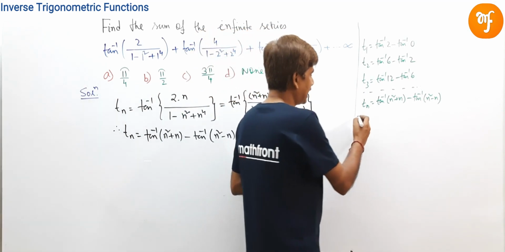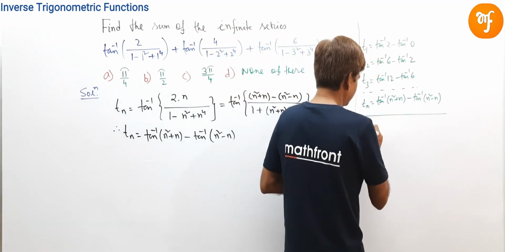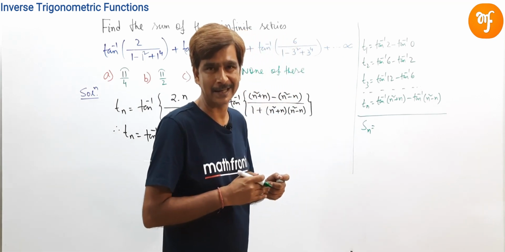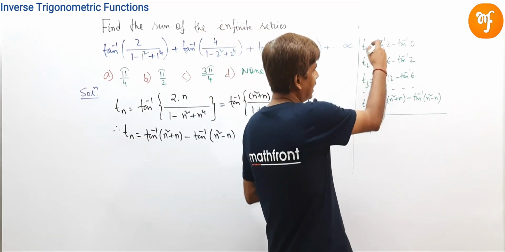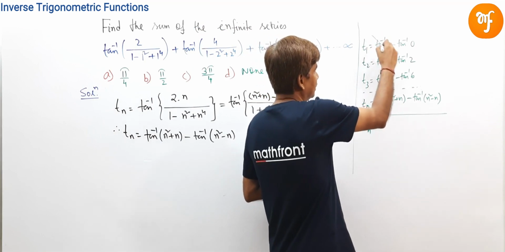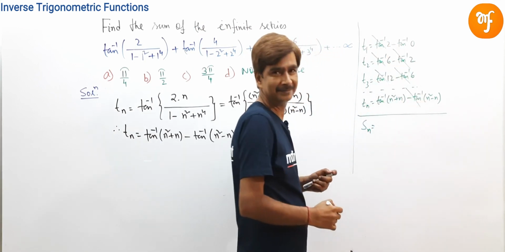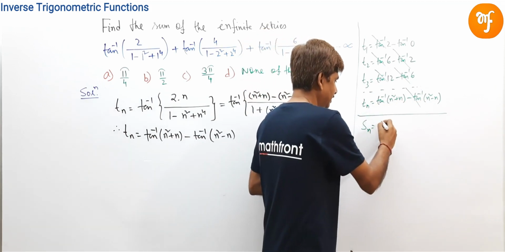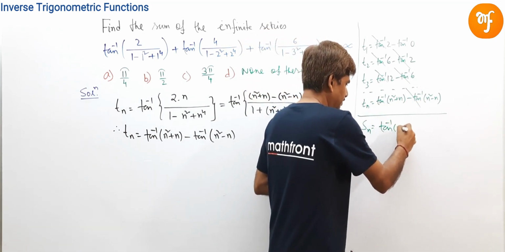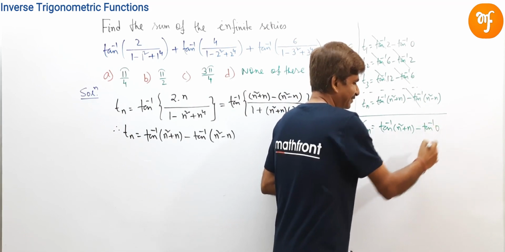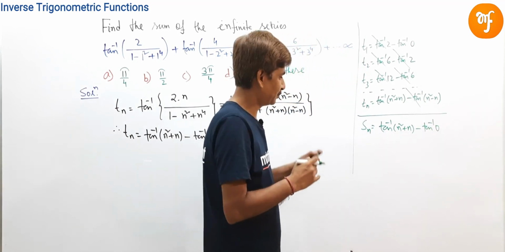So, when we add, what will we get? We will get Sn, because T1 plus T2 plus T3 dot dot till Tn is Sn. And when we add the right hand side, in this sense the terms will be cancelled. So, the result will be tan inverse of n square plus n minus tan inverse of 0. Okay. So, what is S infinity?